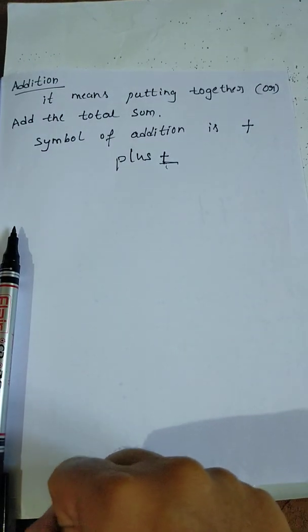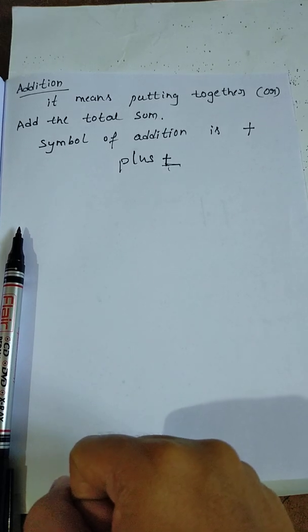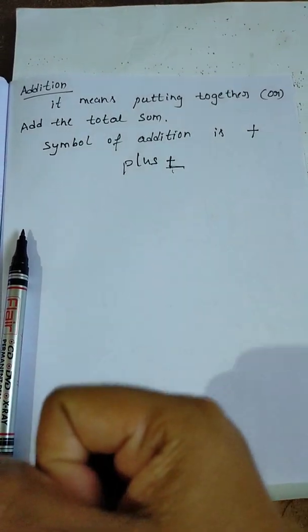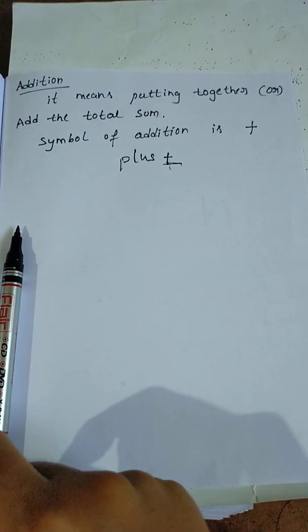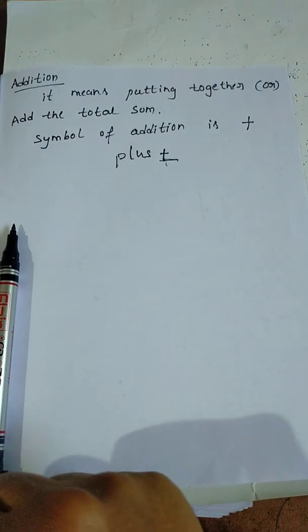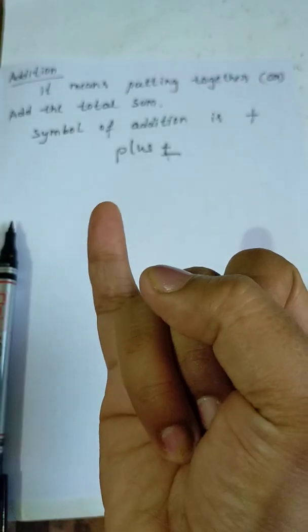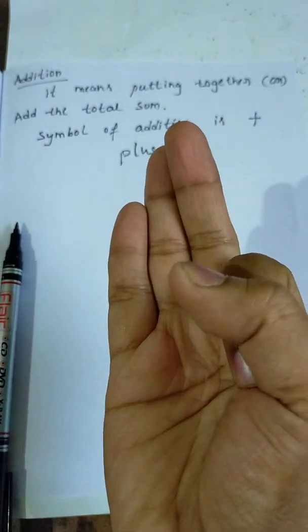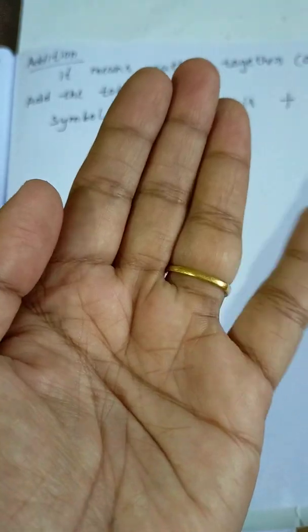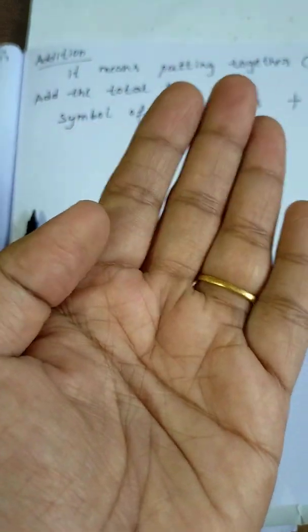For example, how many fingers in each hand? 5 fingers. 1, 2, 3, 4, 5. In the other hand also 5 fingers. 1, 2, 3, 4, 5. Total 5 plus 5, 10 fingers. 2 hands have 10 fingers.